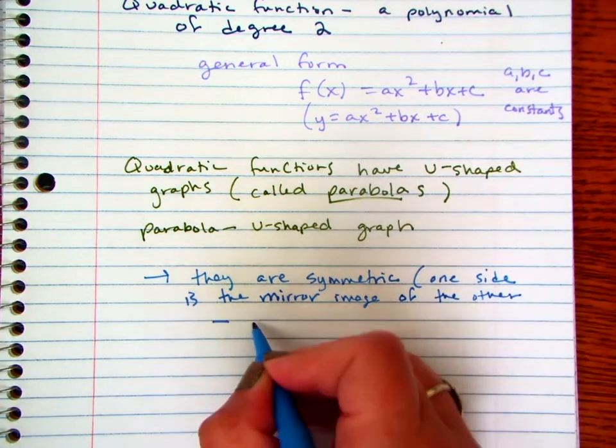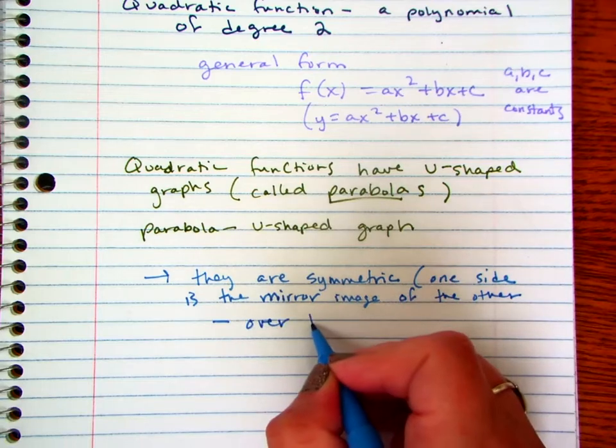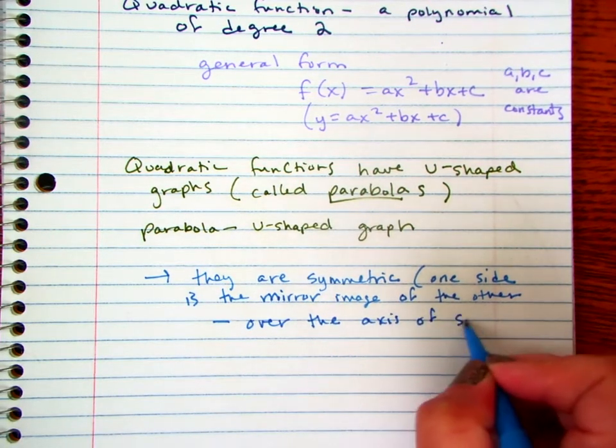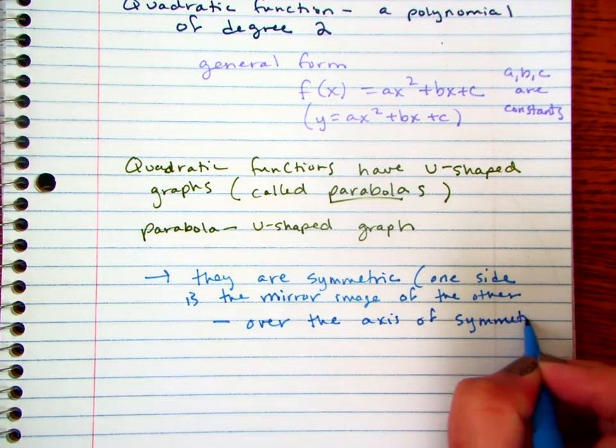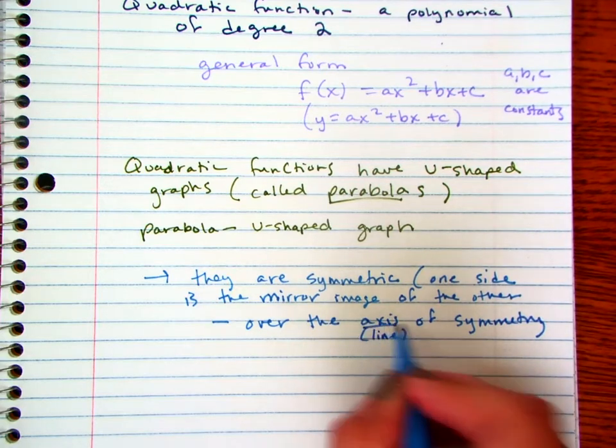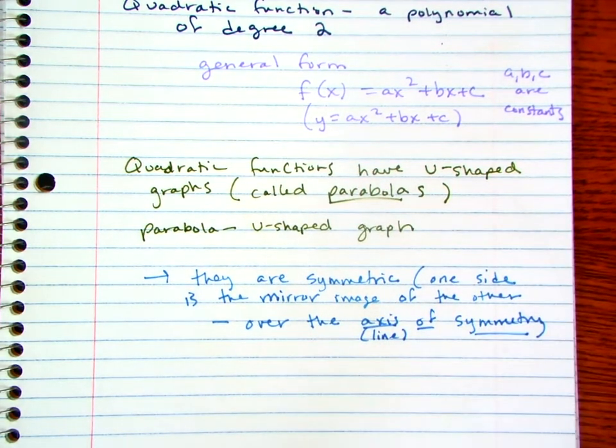And they are symmetric over what's called the line or axis of symmetry. Now, I'll show you all these things when I show you a general graph. That would be another word that you would need to know. So they're symmetric over that line or axis of symmetry.